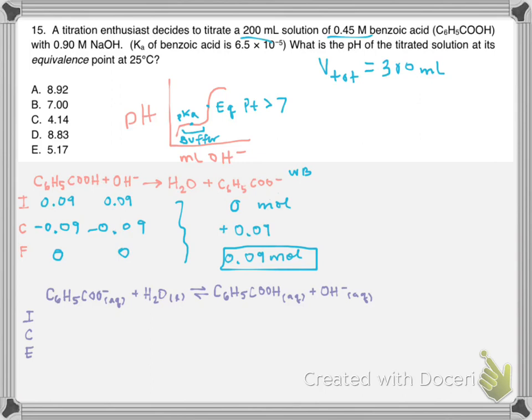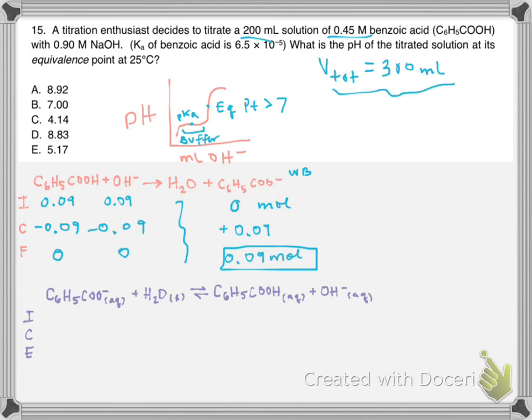The thing with ICE tables is we put everything into molarity. We are dealing with concentrations for equilibrium. So we need to convert our benzoate moles into concentration, and that's why figuring out this total volume was important.